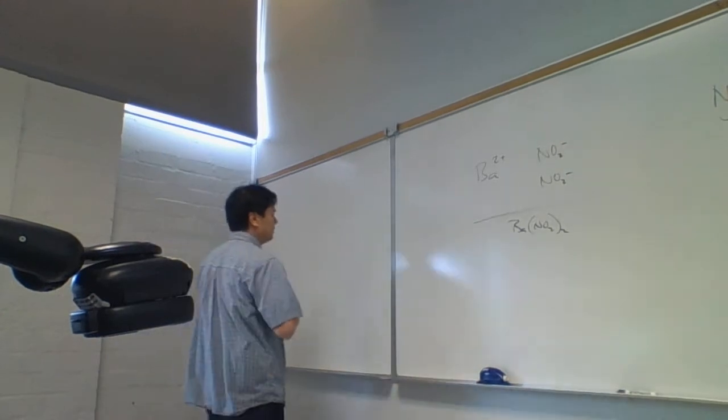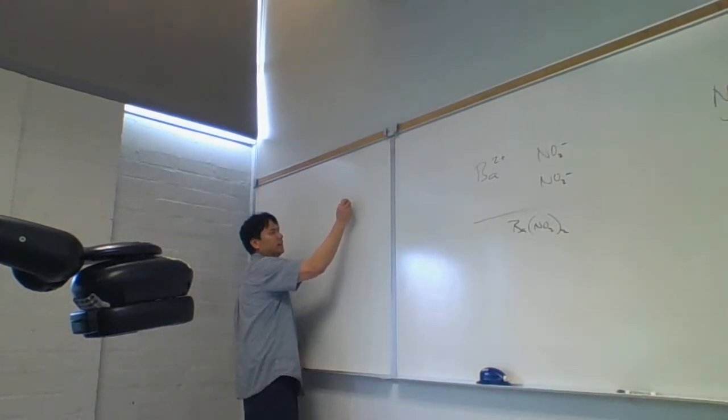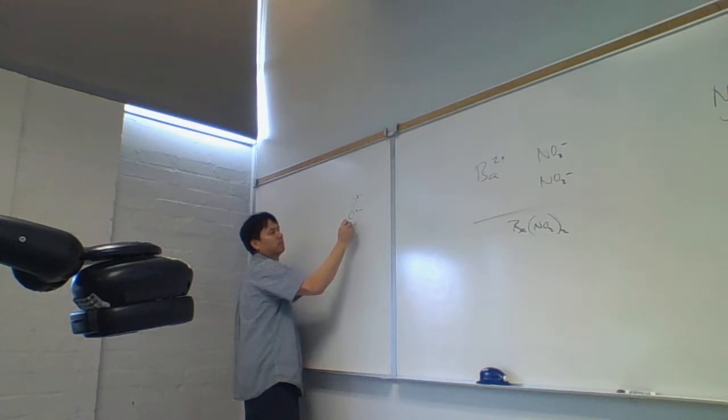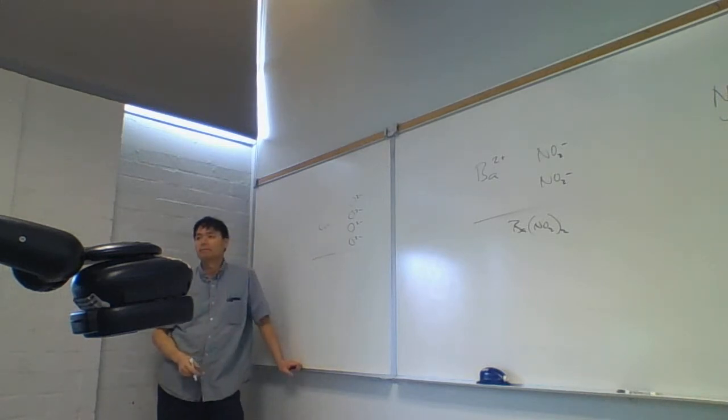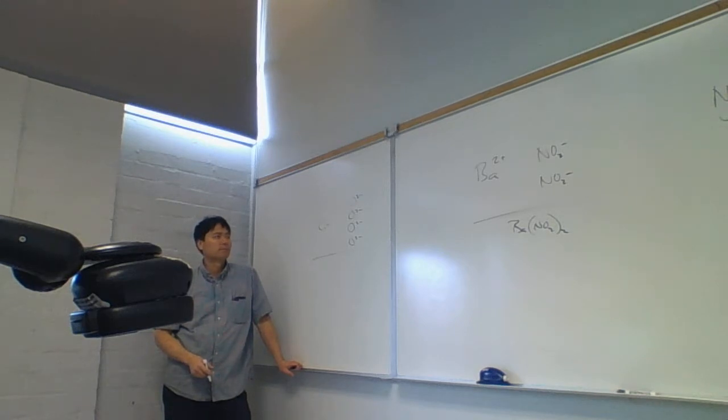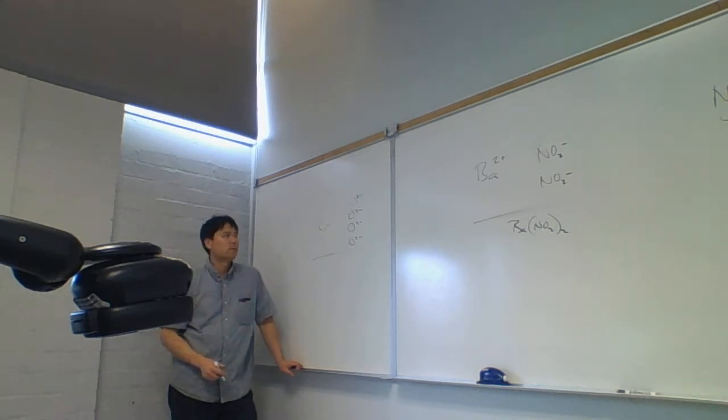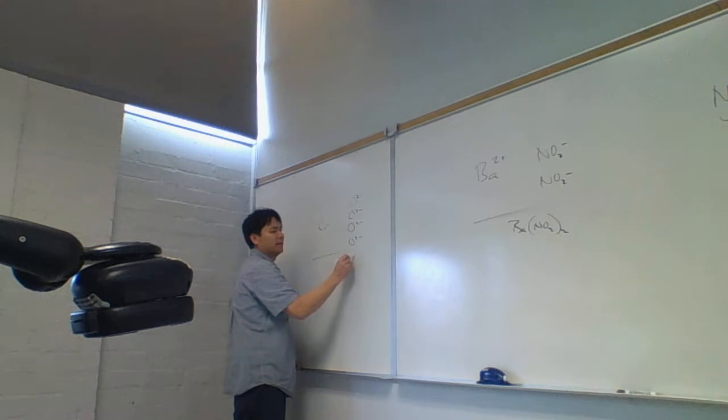Sometimes they call chromate chromium 6 because, if those are 4 oxides, that is minus 8.